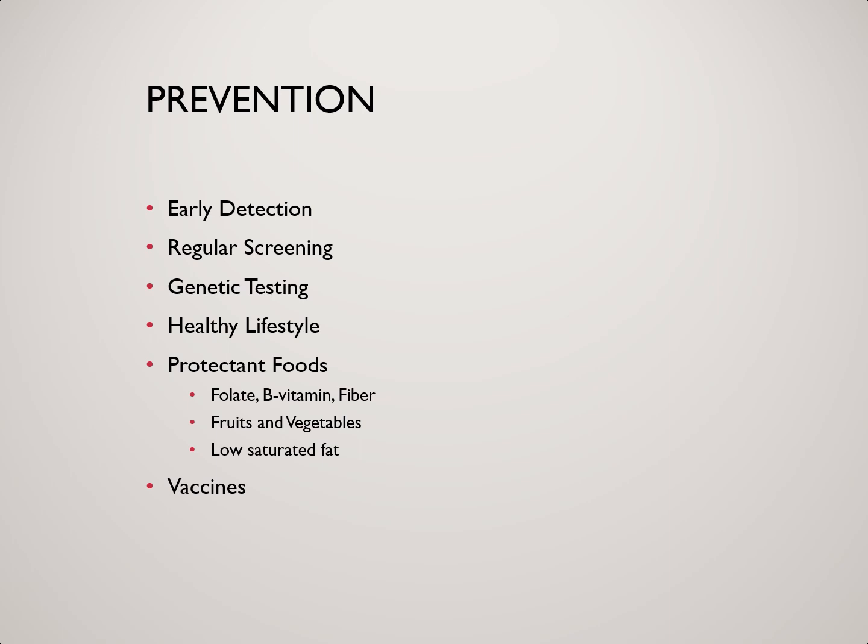Screening should then continue as long as the woman is in good health and has a life expectancy of 10 years or more. Initial Pap testing for cervical cancer is recommended to begin no later than age 21 and be performed every 3 years up to age 29.